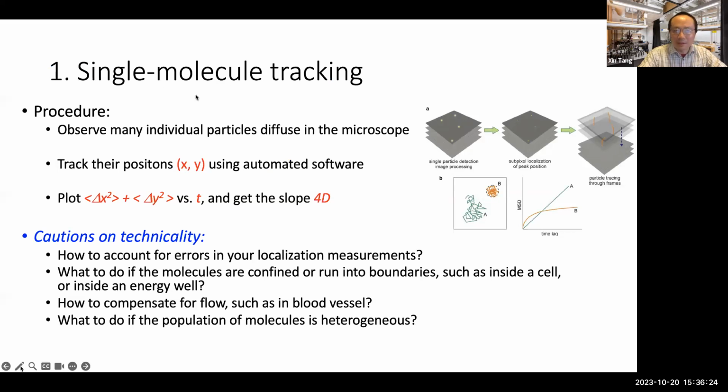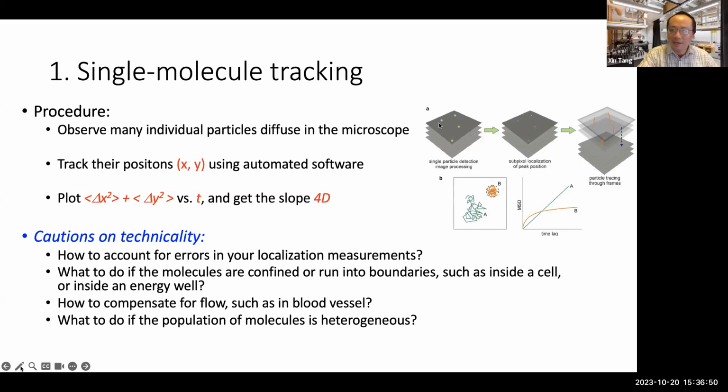We know that when a particle or molecule diffuses, it will have a random walk, right? So we can use a microscope and a high-speed camera to take videos of the particles. And you can see in this picture, it shows different frames of the video, right? In each frame, particles are in one specific location, and a different frame will show them in a different location.